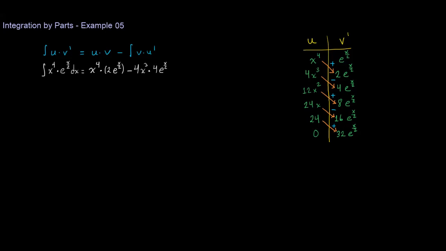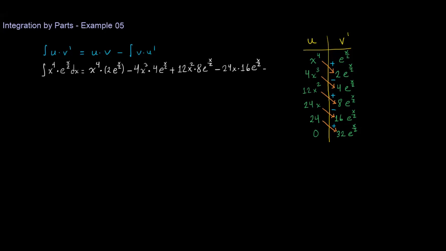Now the third multiplication, which is positive, is plus 12 times x squared times 8 times e to the x over 2. Now minus 24 times x times 16 times e raised to the x over 2.